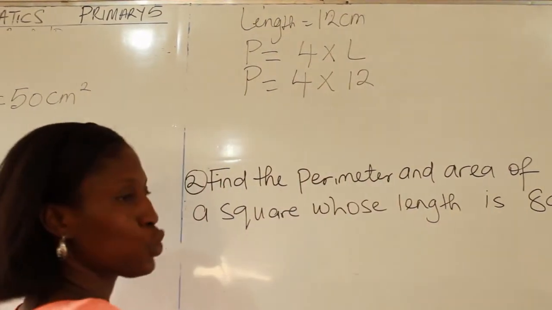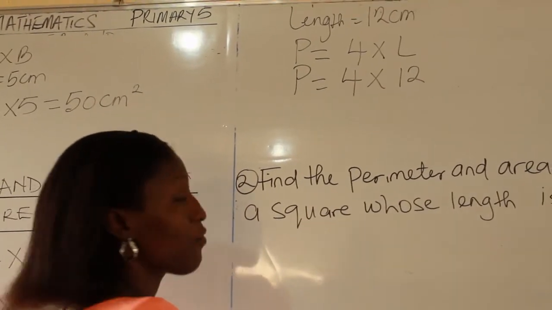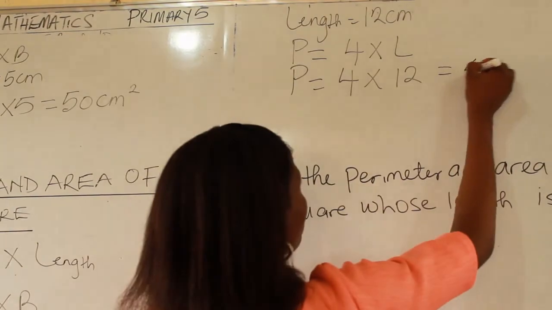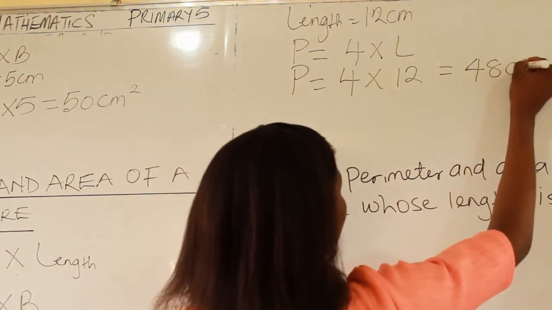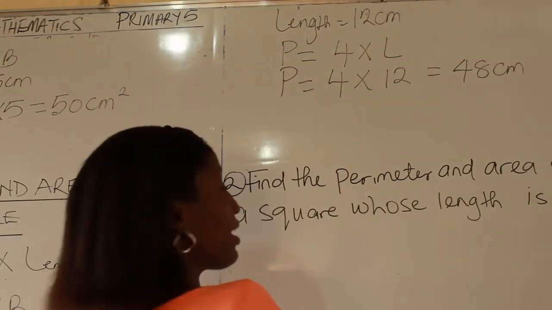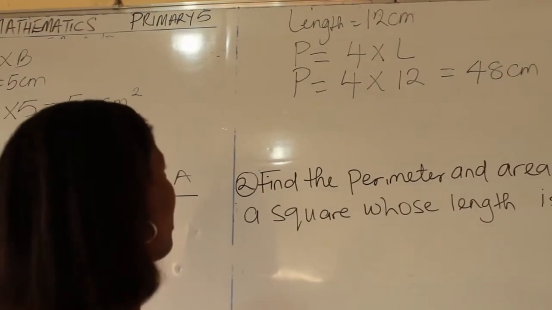The length given is 12 centimeters. So our perimeter equals 4 times 12, which gives 48 centimeters. So the perimeter of the square given is 48 centimeters.